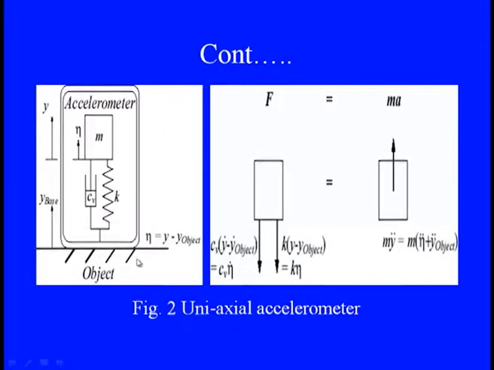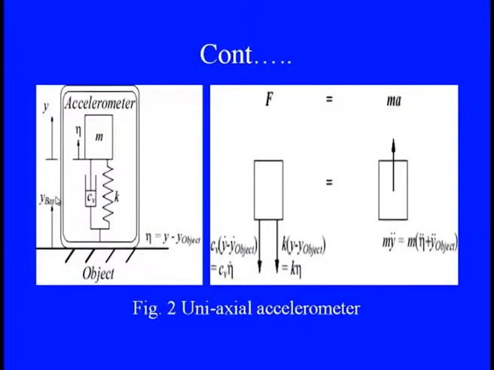We have the object where the vibrations are present, with a displacement y, and the accelerometer is placed on it. We have y base, which is the displacement of the base that is sensed by the accelerometer. The accelerometer also moves along with the base, and in it we have the stiffness k, c_v, which is the damping, and the mass, whose movement is η.